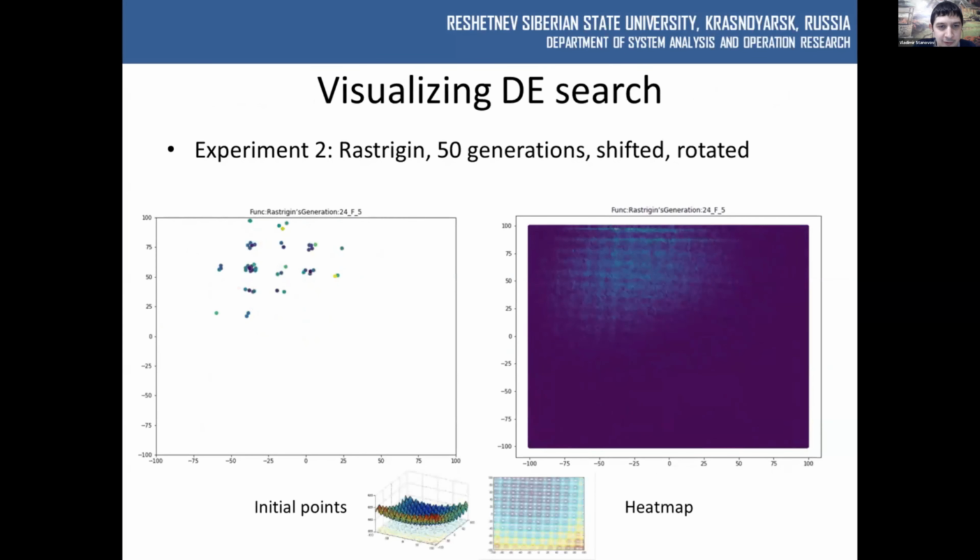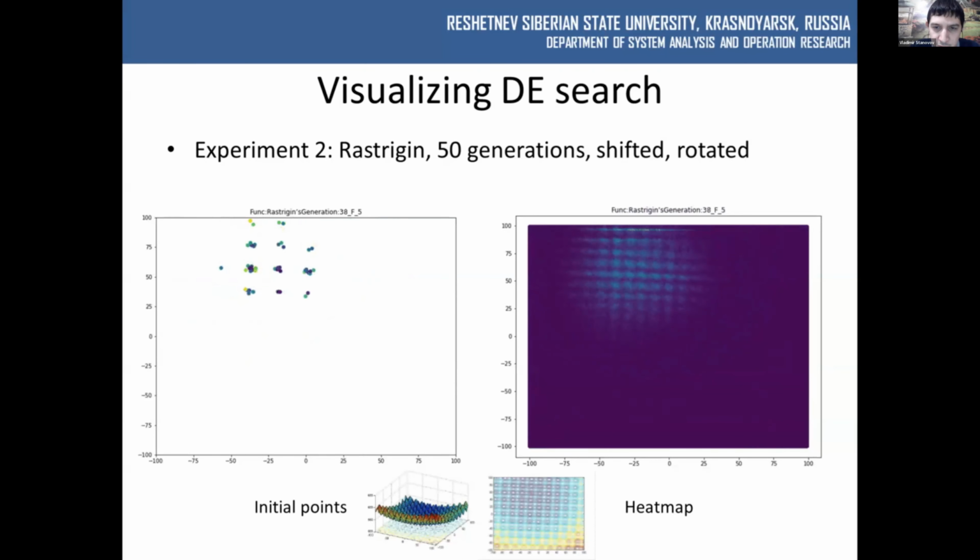Okay, so here are some GIFs, some animations of how this actually works. So on the right, you can see the positions of points that differential evolution would probably look into. So these are not all the points that it checked, but some kind of histogram or two-dimensional probability distribution of generated points. And here you can see on the restricting function some interesting pattern.